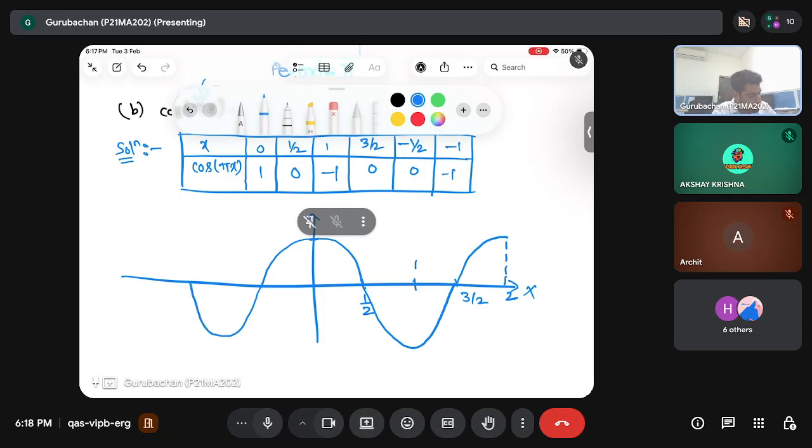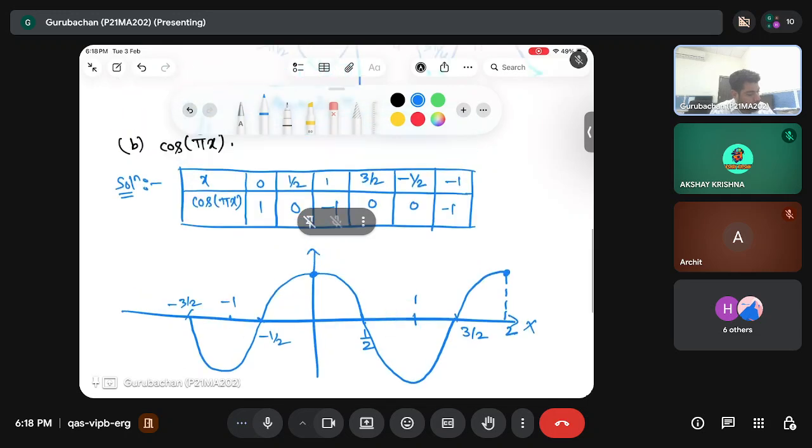In the same way, if you draw here, it's just an approximation. So it will be minus half, minus 1 and minus 3 by 2. So from here, what can you say about the period? See, you start from here and after which it starts repeating.